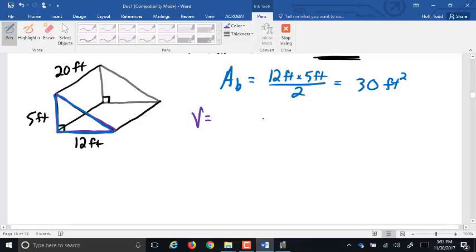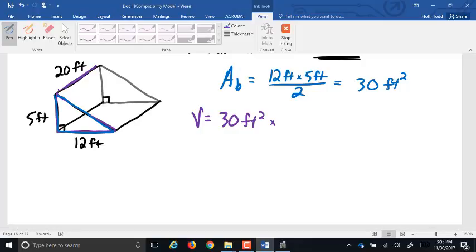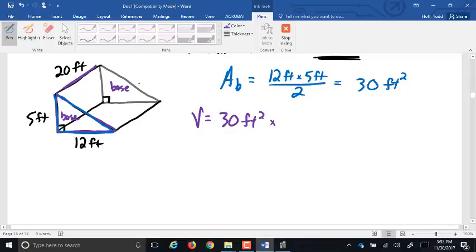Then the volume is that area of the base, 30 square feet, times the height. We always think of height as being up and down, but in this case, it's not necessarily up and down. The height is the distance between bases. This front here is a base, this back is a base. The height is this distance in between them.